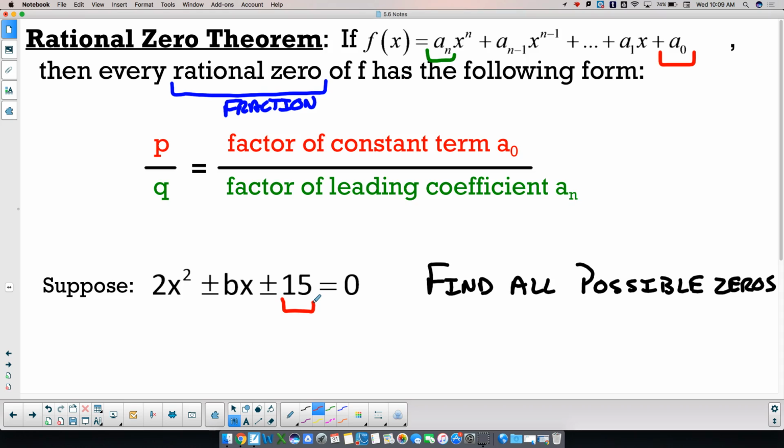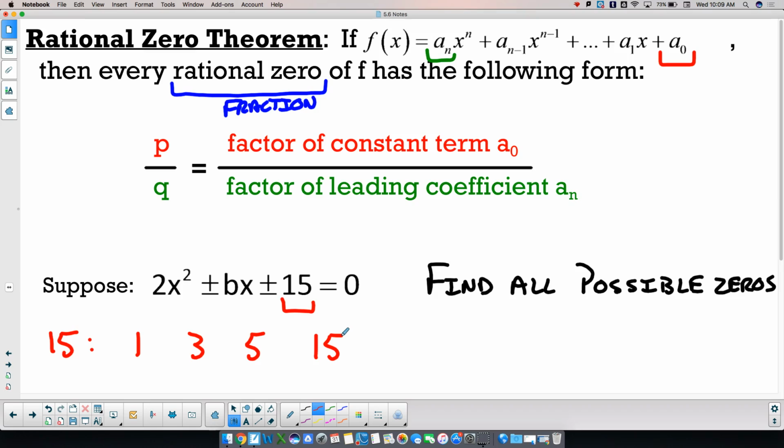So 15. What are the factors of 15? What numbers evenly divide into 15? 1, 3, 5, and 15.